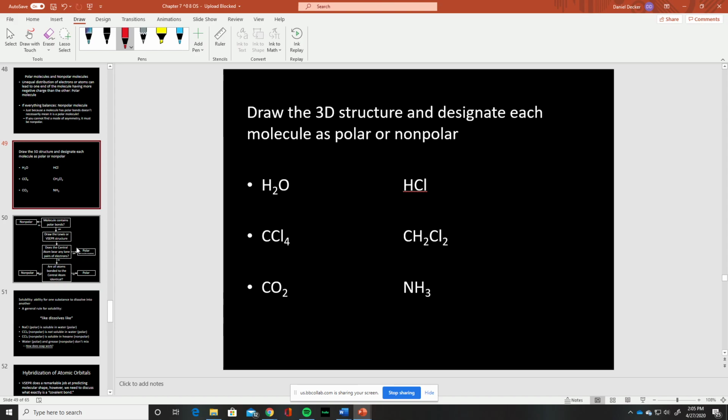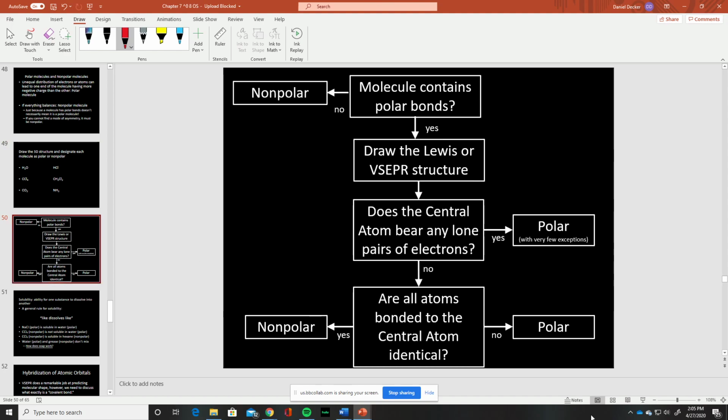I will either have a picture that I have hand drawn, or some picture that I've pulled off of the internet, where you can see how stuff is connected together, so you can make your determinations based on the flow chart here as to whether or not the molecule is polar.